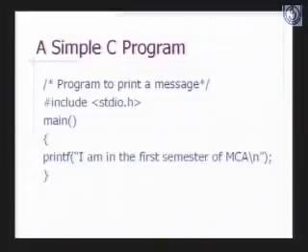This is the way we write it. Here it starts with a comment line. In C, a comment starts with a forward slash and then a star. We can write the comments here, and the comment should end with a star and then a forward slash. So this is the way we write a comment in C programming.